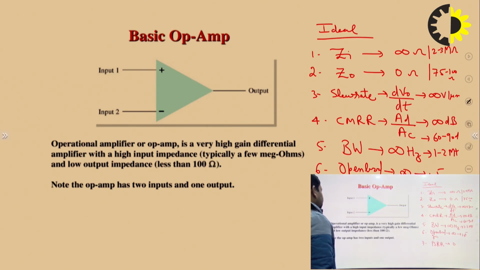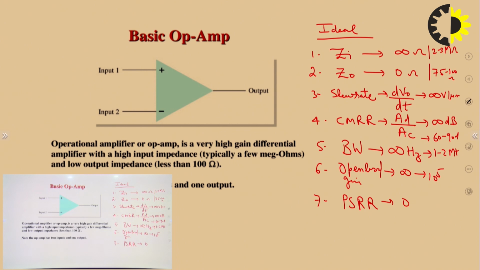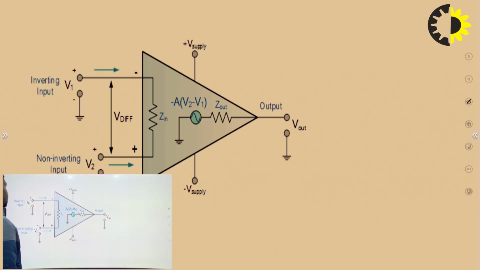So, the op-amp is a very high differential gain amplifier having a high input impedance, in the range of 2 to 3 mega ohm, and very low output impedance in the range of 75 to 100 ohm. This is the internal equivalent diagram of the op-amp.